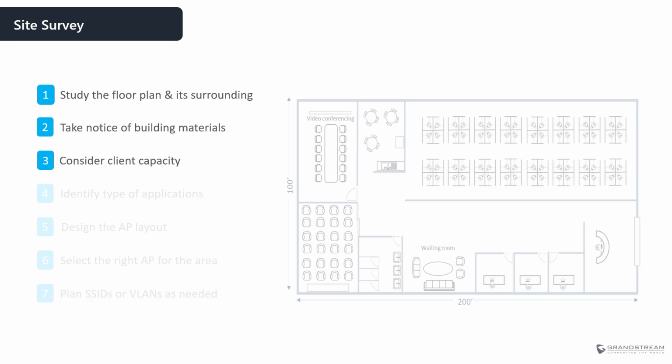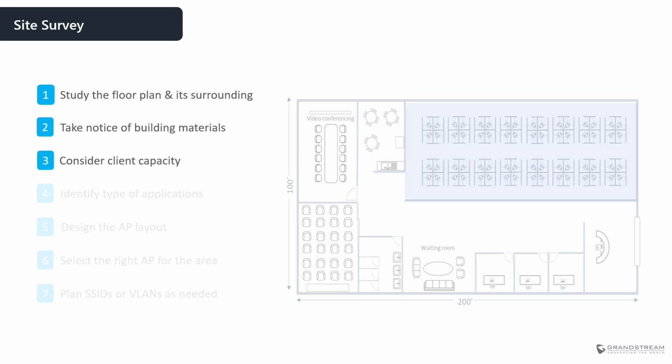Also, considering client capacity and estimating the number of wireless clients that will be accessing the wireless network can help you determine the area where you need to deploy more access points. So in our plan, we can see that the area with the cubicles will have multiple users with eventually more wireless devices.